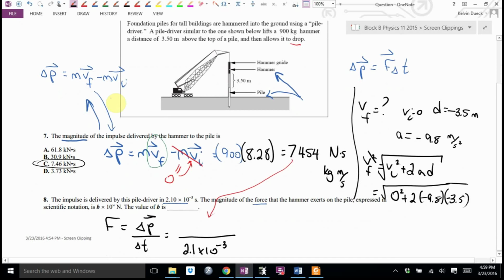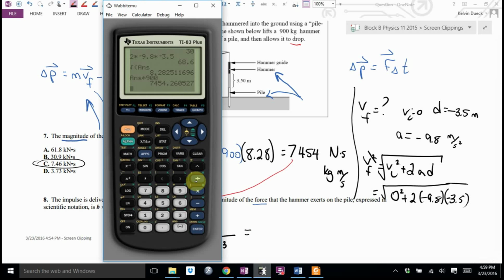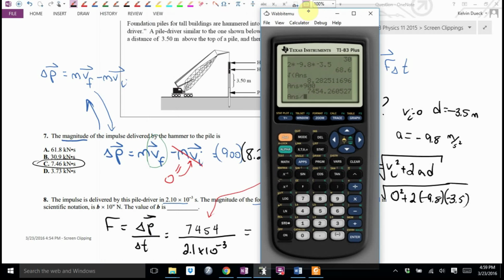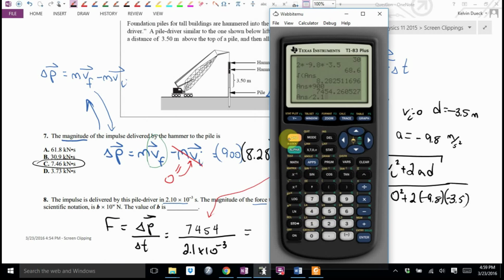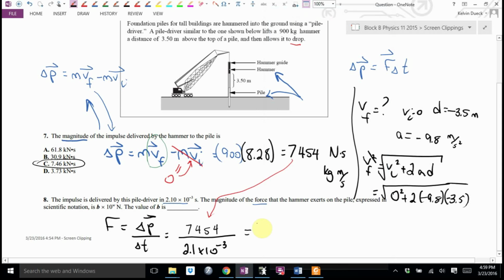And if I then go this number here divided by 2.1 times 10 to the negative 3, I get 3.5 times 10 to the 6th, or in scientific notation, 4 times 10 to the 6th.